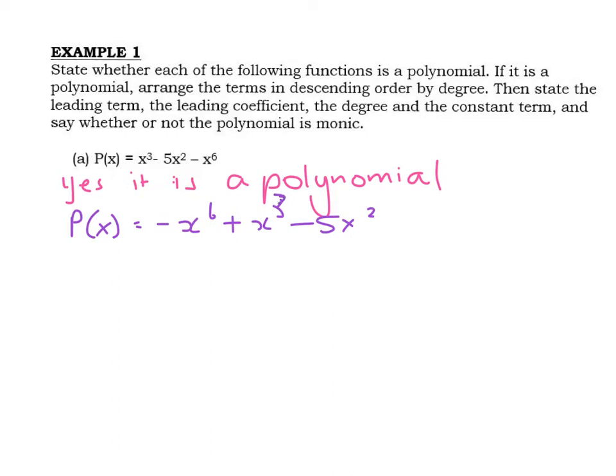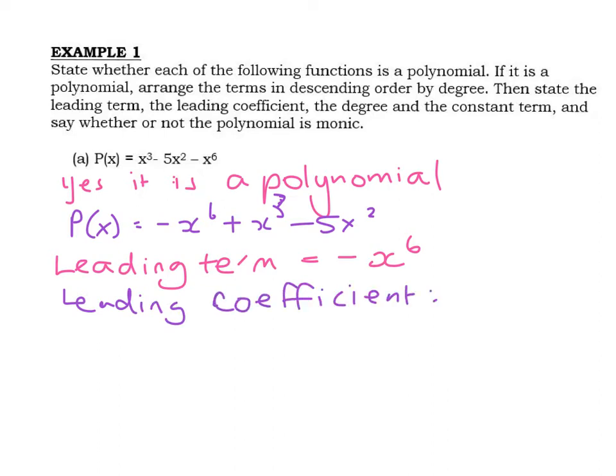Now we're going to identify the leading term and its leading coefficient. So the leading term is the highest power, so that's going to be minus x to the power of 6, and the leading coefficient is the coefficient of that term, which in this case would be minus 1. The degree of the polynomial is the highest power, so the degree in this case is going to be 6.